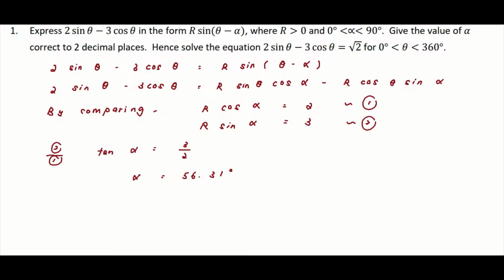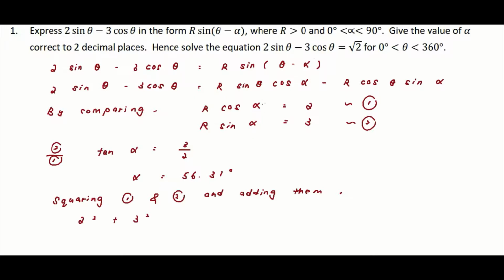Okay, then we need to find out our r. For the r, what you normally need to do is to square, right? So you straight away square equations 1 and 2 and add them. Then what do you get? You know that you are going to get 2 square plus 3 square.